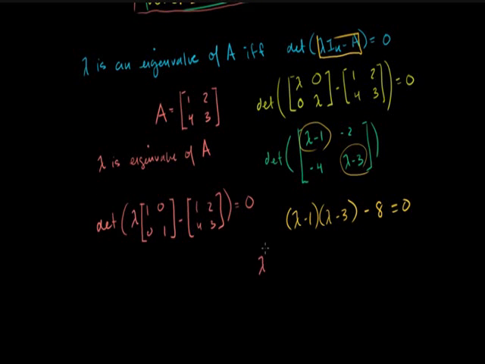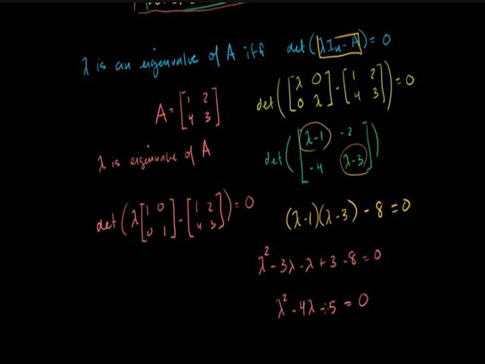This is lambda square minus 3 lambda minus lambda plus 3 minus 8, equal to 0. This is lambda square minus 4 lambda minus 5.